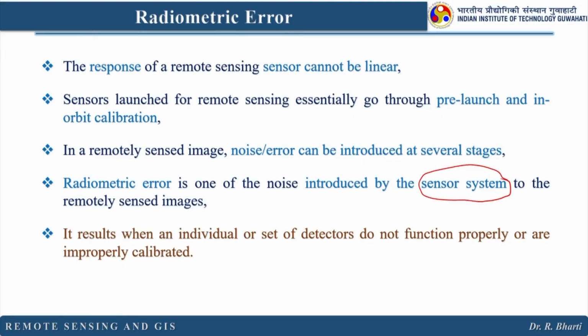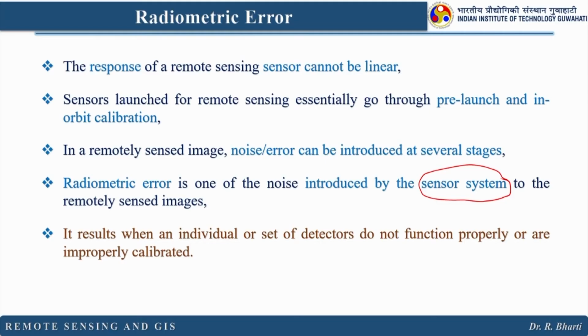Now, the last point is it results when an individual or set of detectors do not function properly or are improperly calibrated. So, we have learned that this radiometric error is only because of the problem with the sensor system.